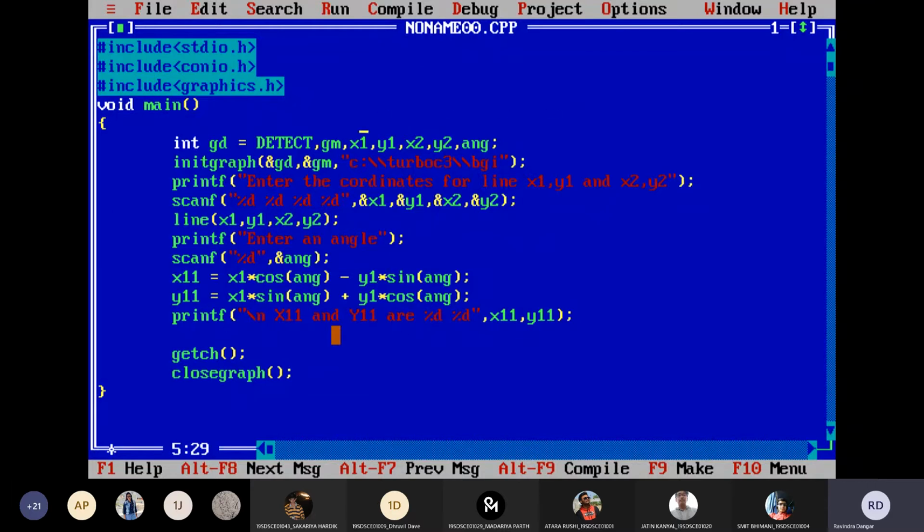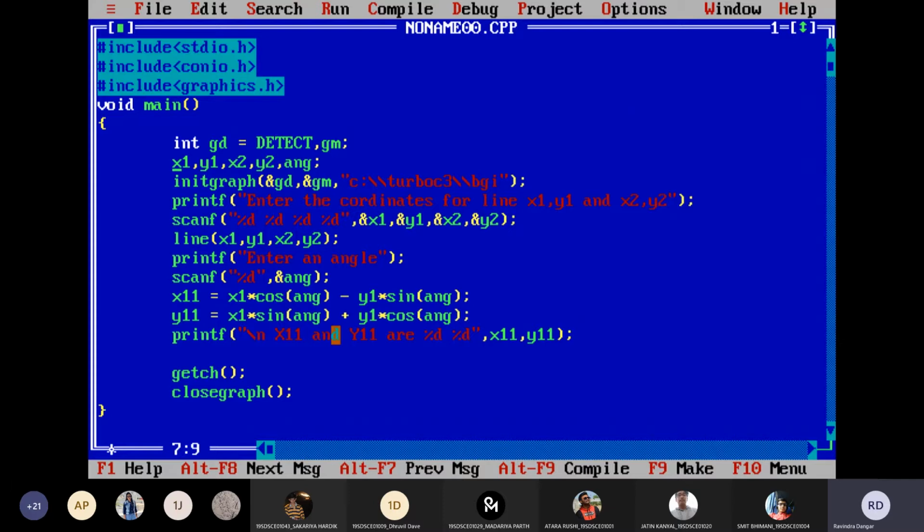Instead of integer, let me go with float everywhere. Are you getting me why I am going with float? Yes sir. x11 y11 and x22 y22. Let me define it. Here also let me change the access specifier. Everywhere I need to go with f.